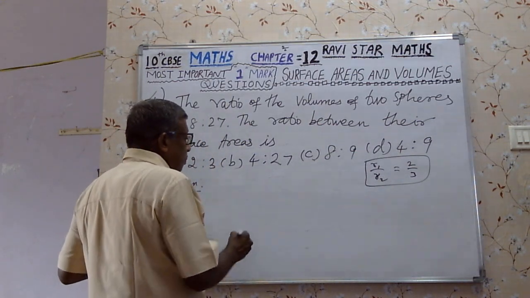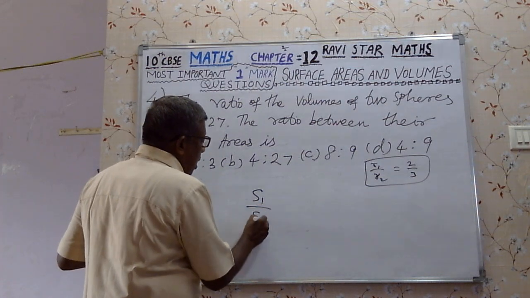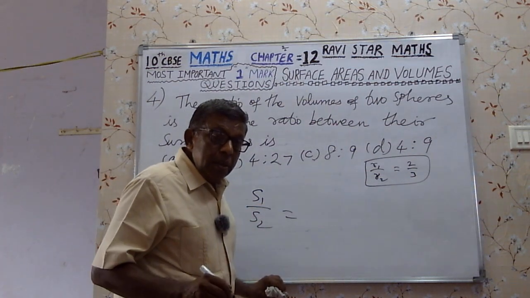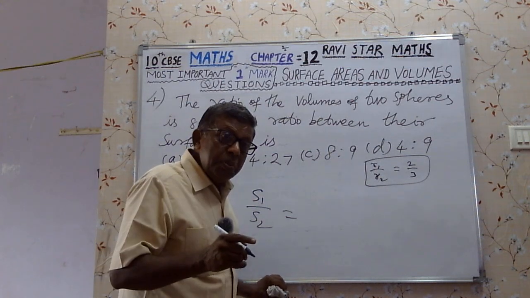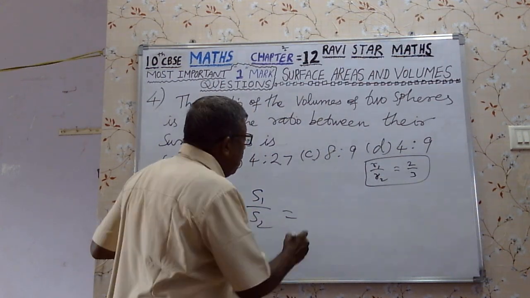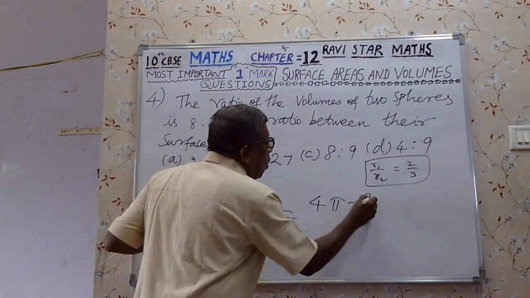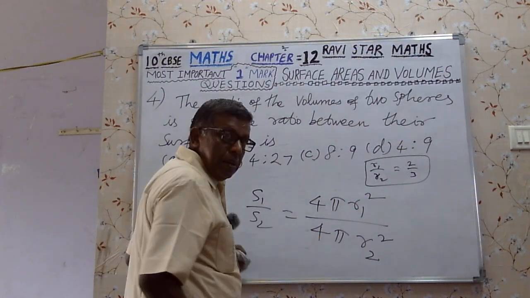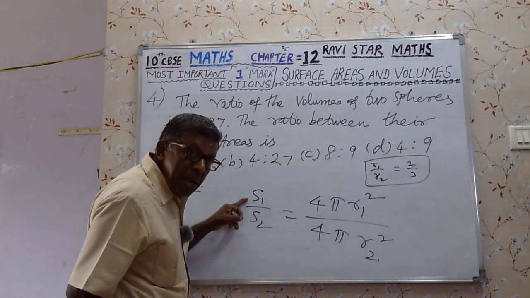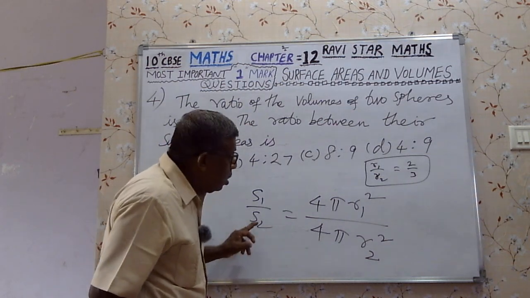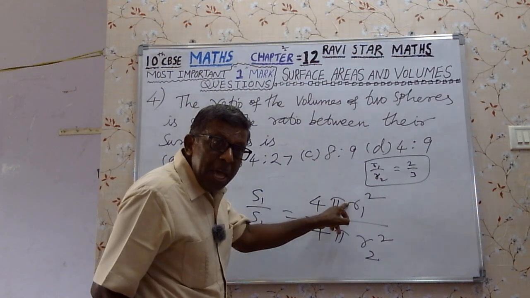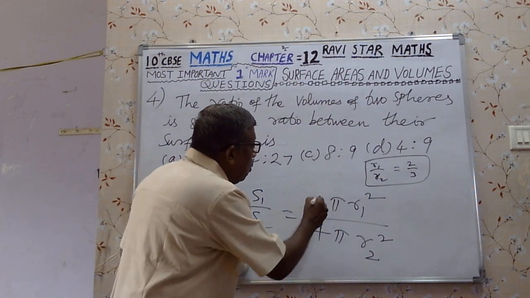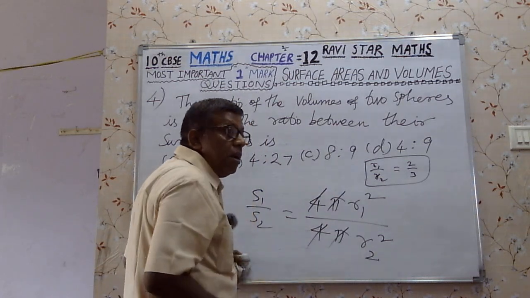That is, S1 by S2 equals surface area of sphere number 1 by surface area of sphere number 2. Sphere number 1 radius is R1, sphere number 2 radius is R2. Therefore, 4 pi R1 squared by 4 pi R2 squared. 4 and 4 cancel, pi and pi cancel.